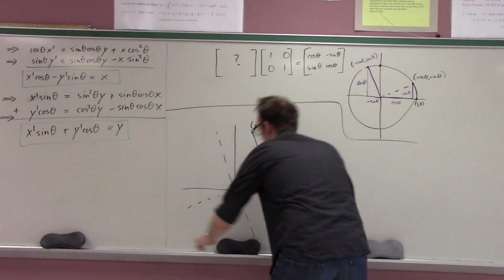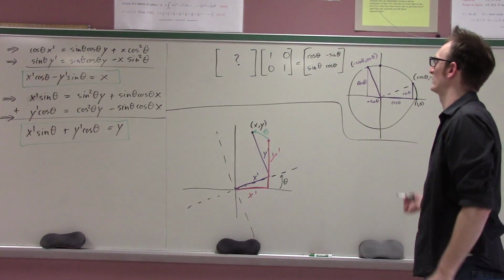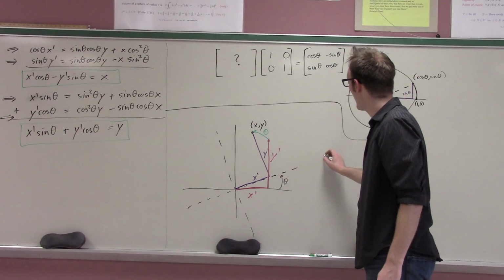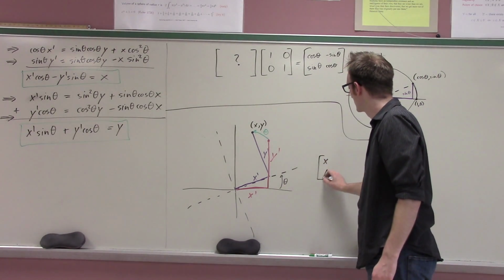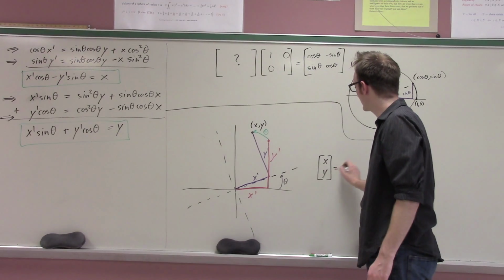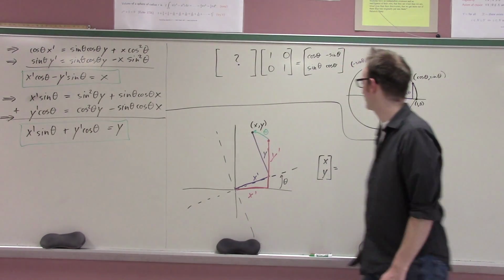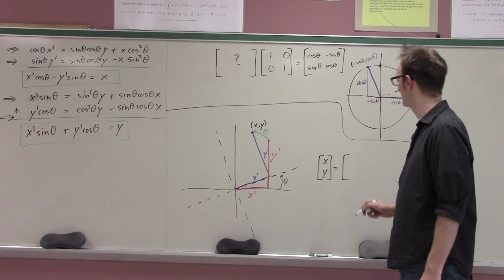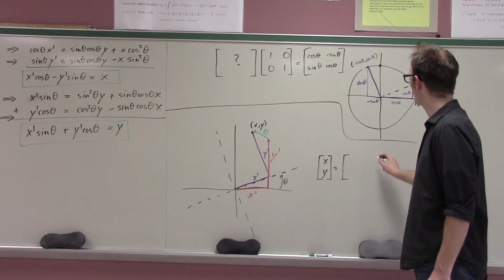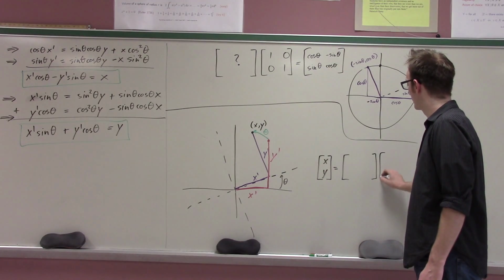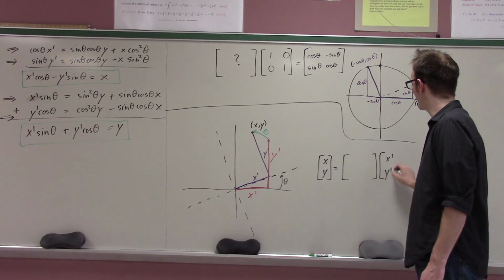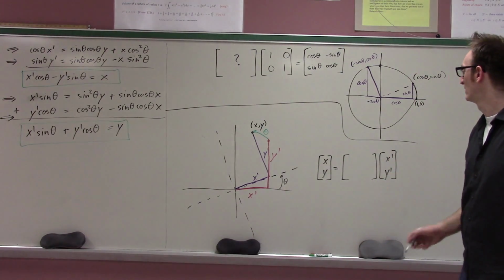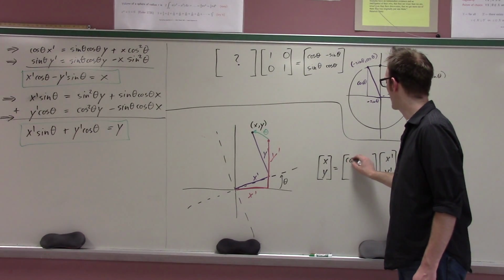In other words, the x, y vector is what you get when you rotate the x prime, y prime vector by theta degrees counterclockwise.